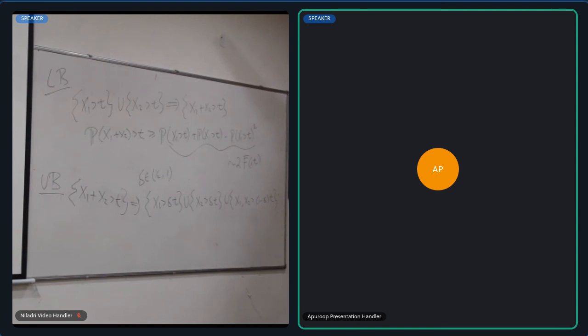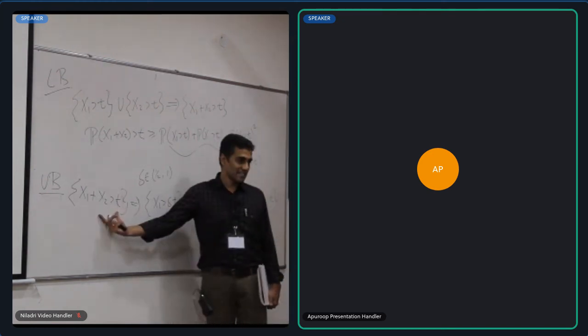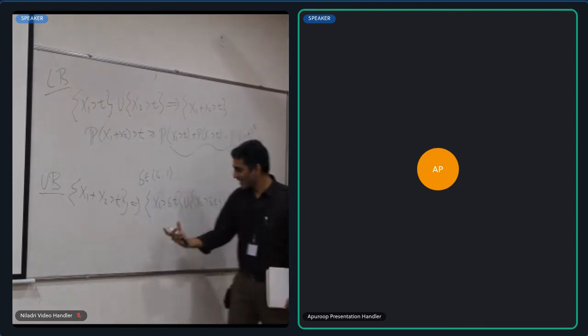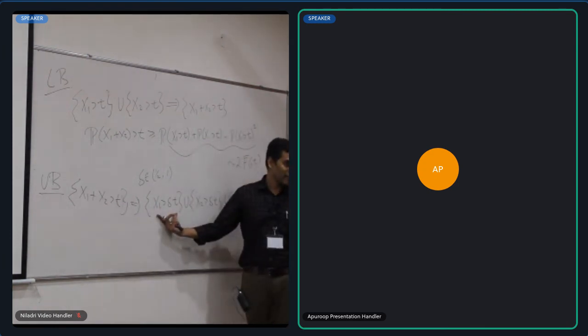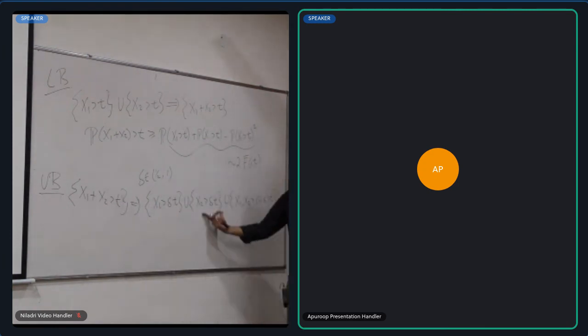Okay, so just to make it easy to interpret, let's pretend that delta is 3/4. What does this mean? That if the sum is greater than t, my claim is that either x1 was greater than 75% of t, or x2 was greater than 75% of t. But if neither of those two held, then both x1 and x2 have to be greater than 25% of t. Right? So that's the idea.